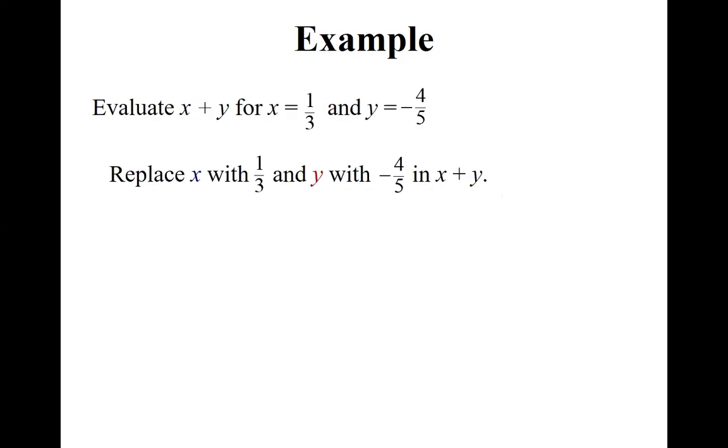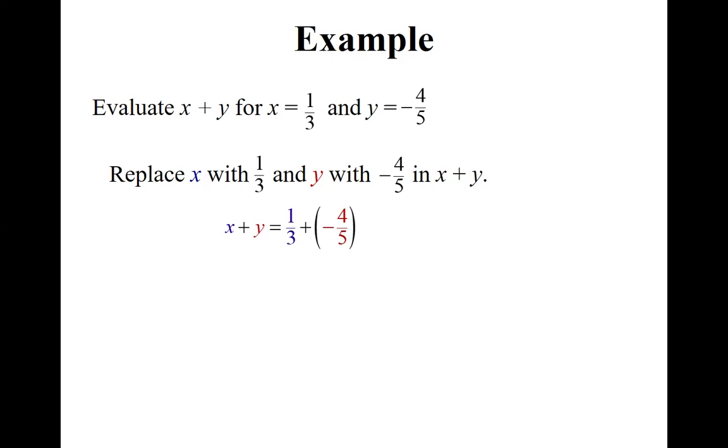An evaluate problem. Evaluate x plus y for x equals 1/3 and y equals -4/5. Plug it in, plug it in. X plus y would be 1/3 plus -4/5 once we make our replacements. We need a common denominator.